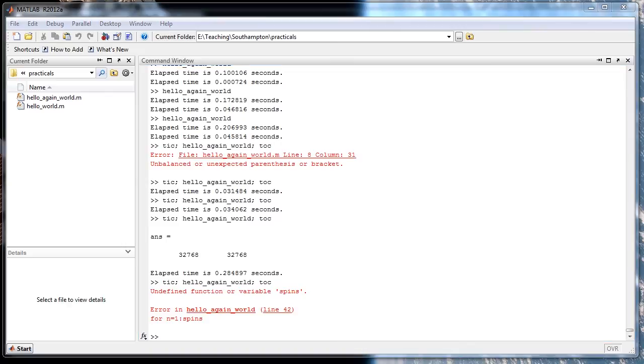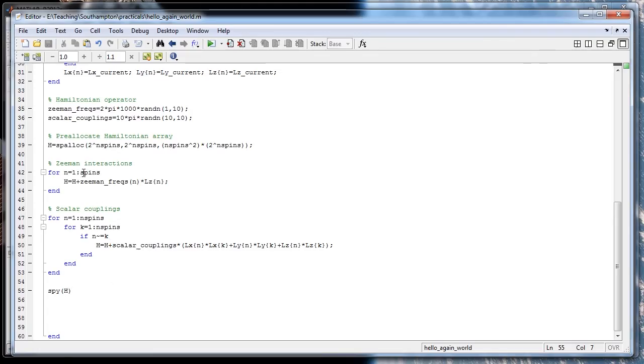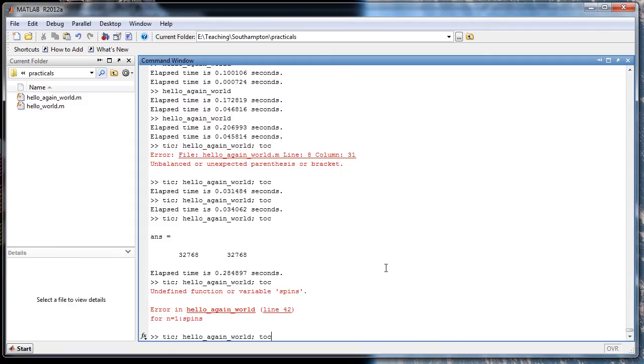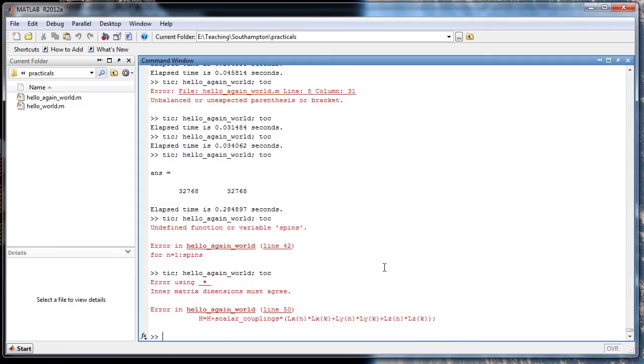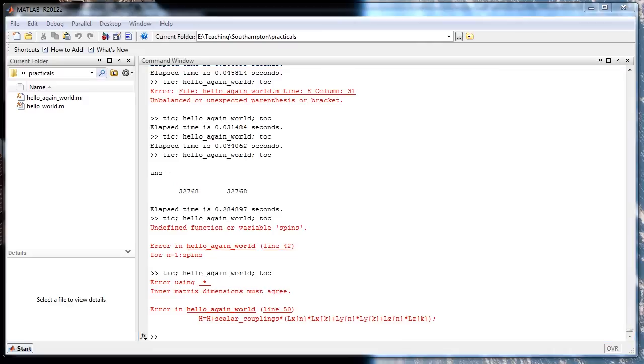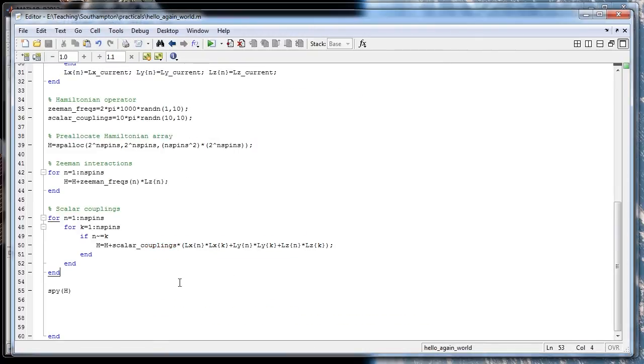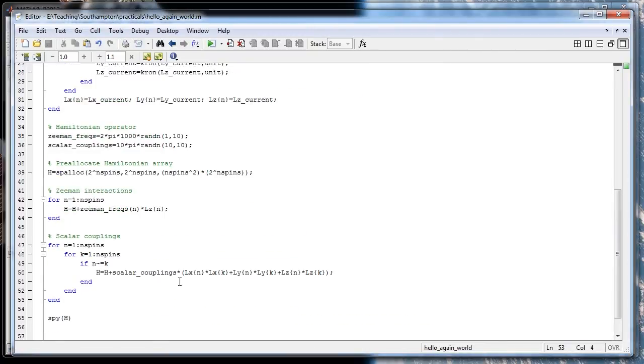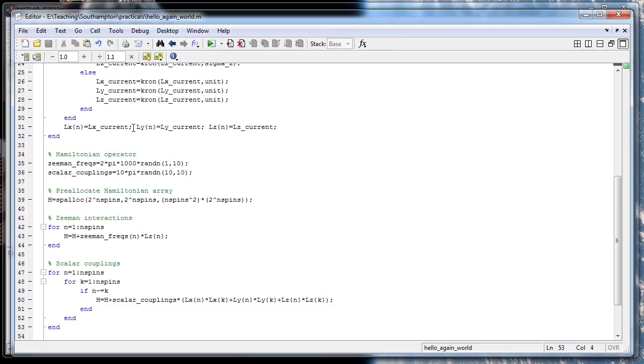Something we've missed. So there's n spins here rather than spins, and let's run it. Inner matrix dimensions must agree, so we have missed the dimensions somewhere as well. So now we are in a debugging mode. We need to find out what is incorrect and where. So we've got Lx, Lx, so they're both matrices, Ly, Ly, Lz and Lz.